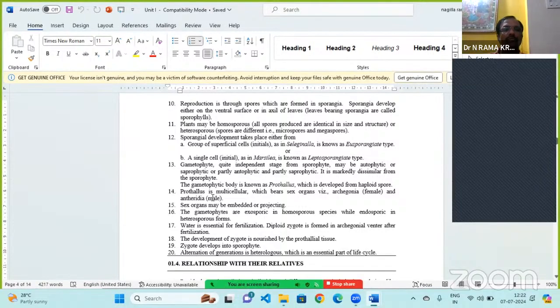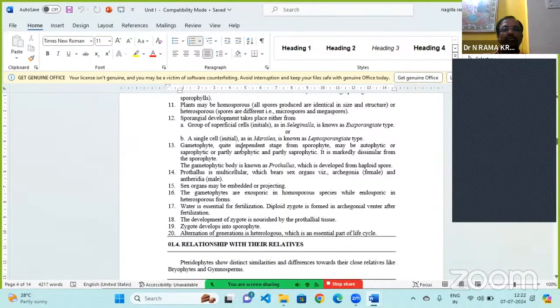Here you see the gametophyte is a quite independent stage from the sporophyte; it may be autophytic, saprophytic or partially saprophytic, and markedly dissimilar from the sporophyte.